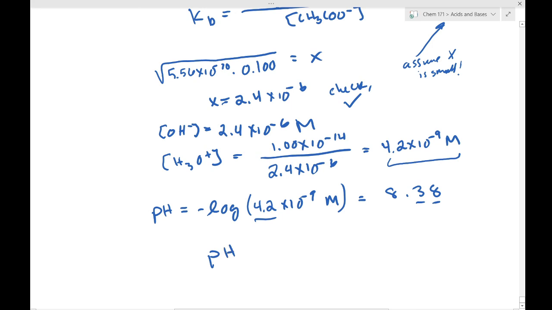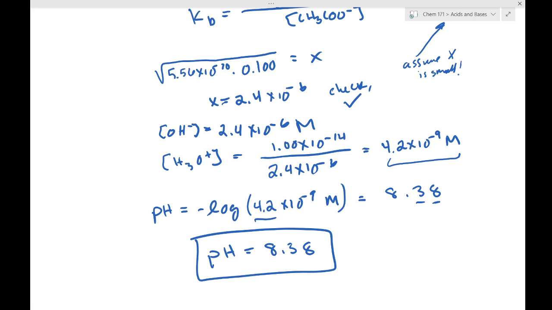So the pH of our solution of sodium acetate ends up being 8.38. That's how we can use our ideas that we've come up with for acids and bases to figure out the pH, or the basicity, of a solution that's made purely from a sodium salt.